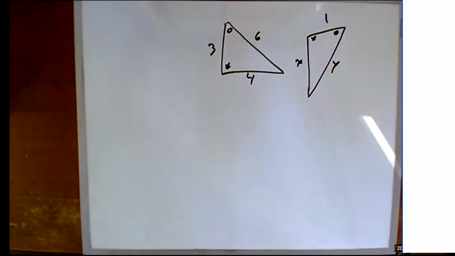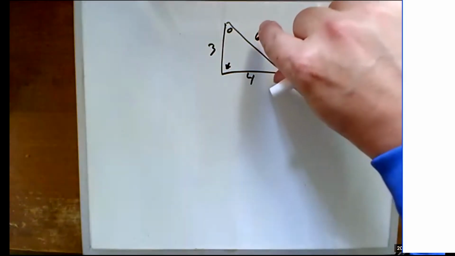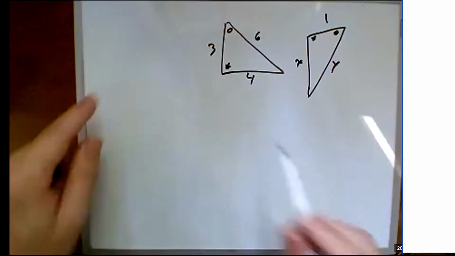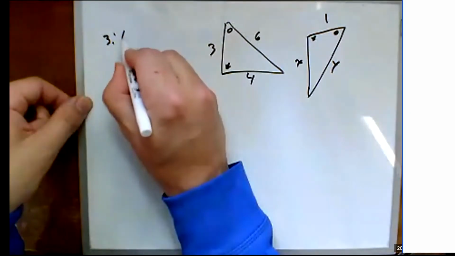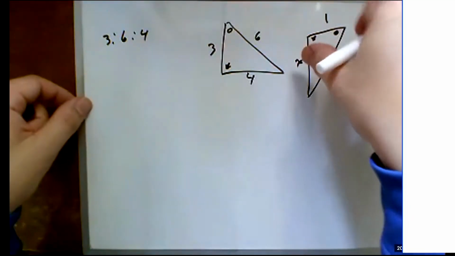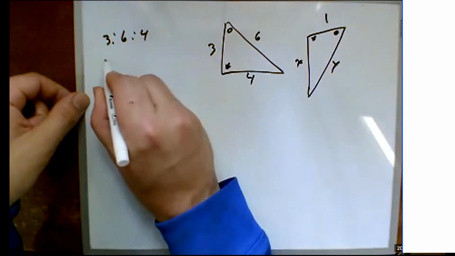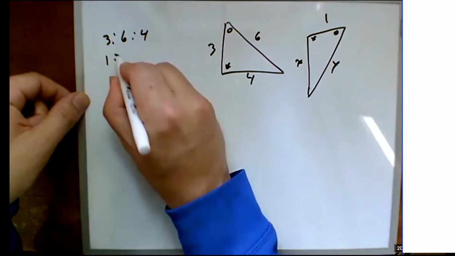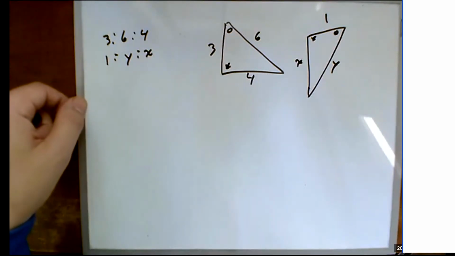There are those triangles. First thing we note is that if we take this triangle and we rotate it 90 degrees, it matches up here. So if I have a ratio of 3 to 6 to 4, and I watch how it matches my other triangle, that's going to match with the ratio 1 to y to x.